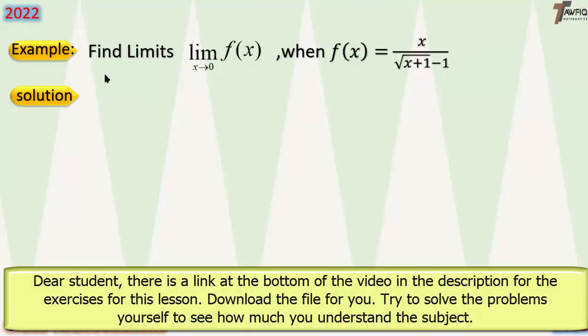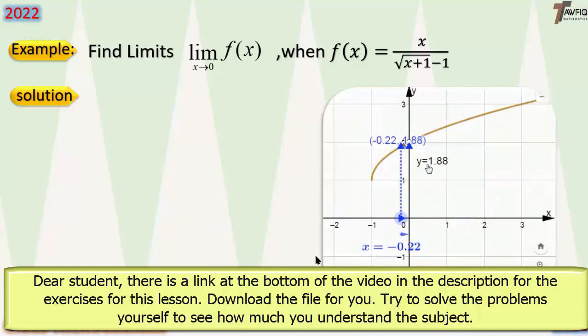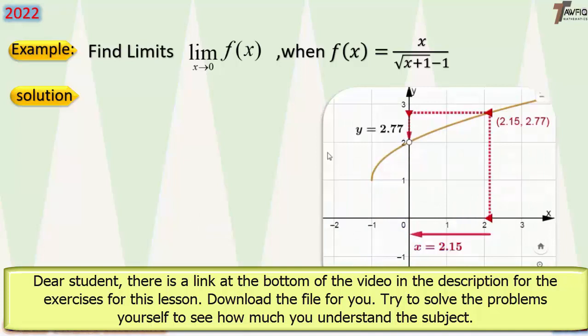Another example: find the limit as x approaches 0 of f(x), when f(x) is equal to x over the square root of x plus 1, minus 1. This is the graph of this function. When we approach 0 from the right, you can see that y, or f(x), approaches the number 2.